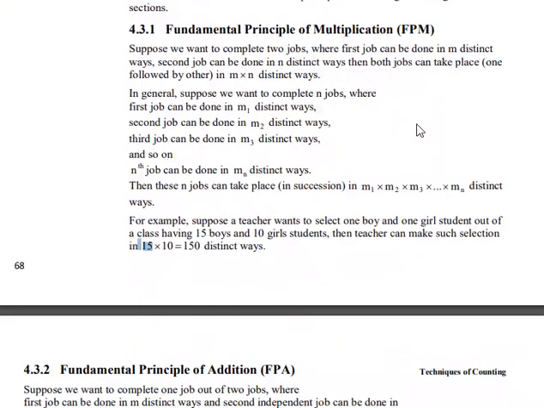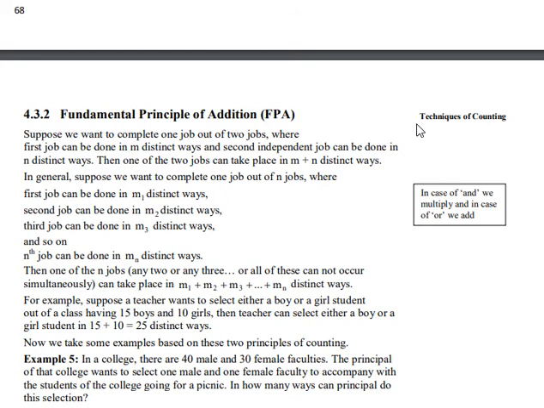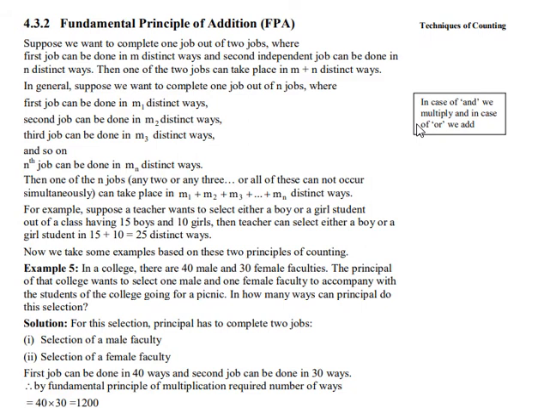Now moving on to the second part, the fundamental principle of addition. If there are two jobs and they need not be done simultaneously, then you use addition. So for example, in the same class example, the teacher wants to take one boy from 15 boys or one girl from 10 girls.